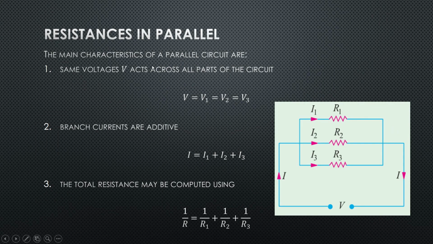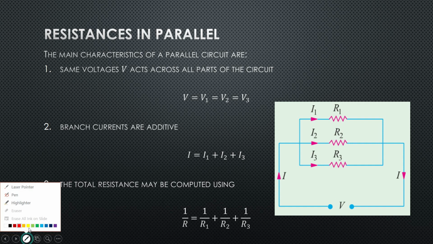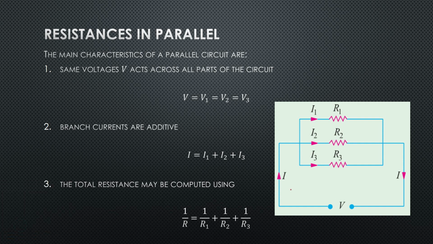Resistances in parallel, as shown in the circuit. From this circuit, also parallel connections. So if I have here a resistance R1, then another resistance R2, and this is R3.